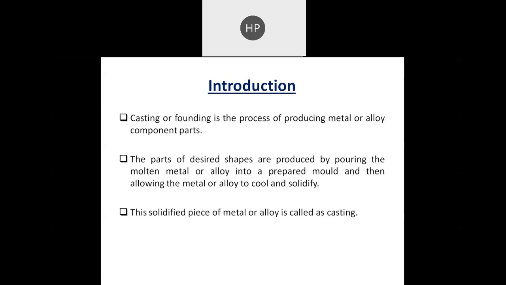So first of all we have to make the hollow cavity, and in that cavity we pour the molten metal, and then it is allowed to cool and solidify. After solidification, that solidified piece of cast metal or alloy is termed a casting. So that part is known as a casting.